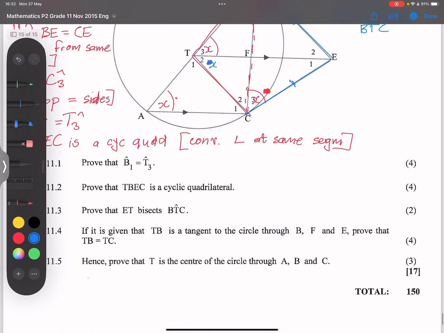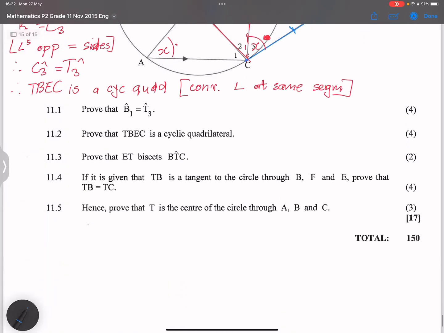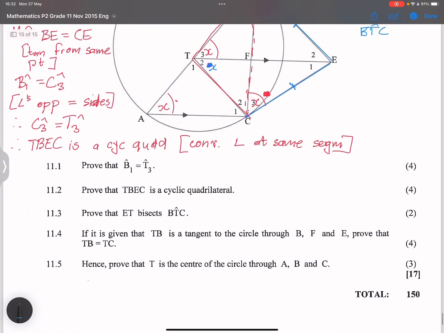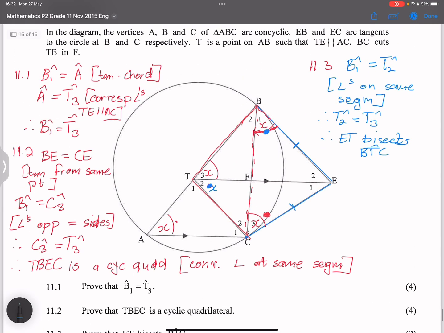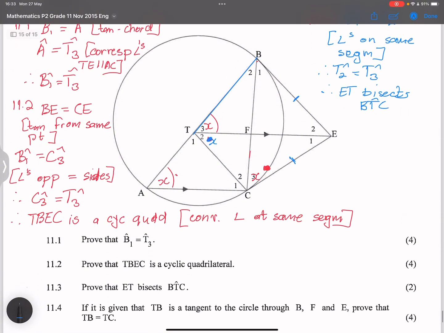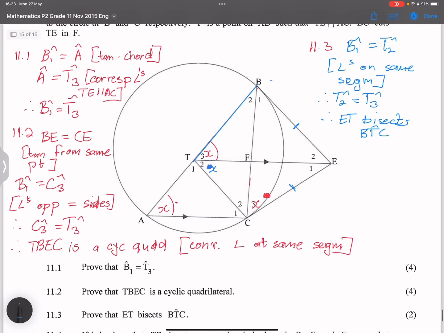Right, now let's reach some conclusion. So they say if it is given that TB is a tangent to the circle through B, F, and E, right? So there's TB. They say it is a tangent to the circle that passes through B, F, and E. So let's imagine that there's a circle here.